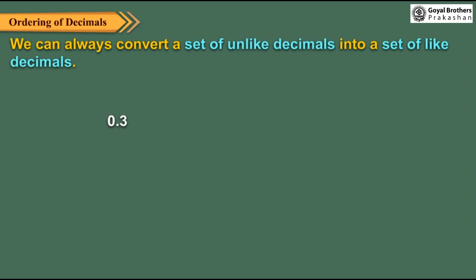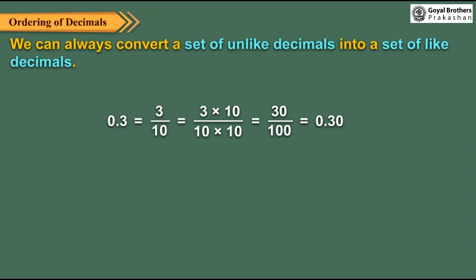Consider 0.3. 0.3 is same as 3 upon 10. Multiplying the numerator and denominator of 3 upon 10 by 10, we get 30 upon 100, which can be written as 0.30. It means 0.3 and 0.30 are equivalent.